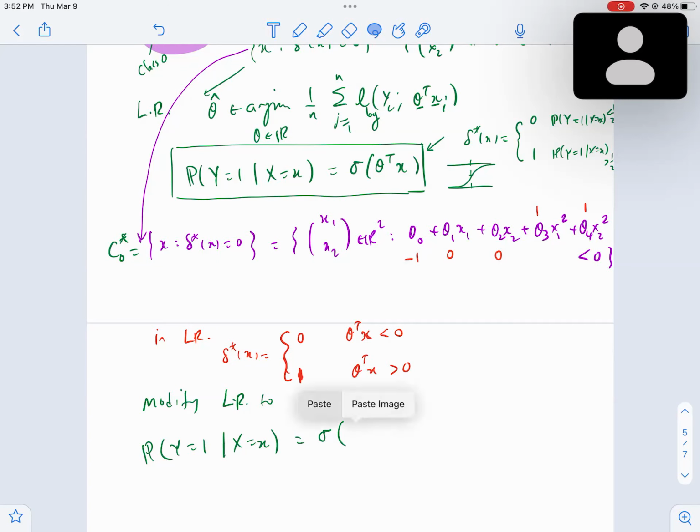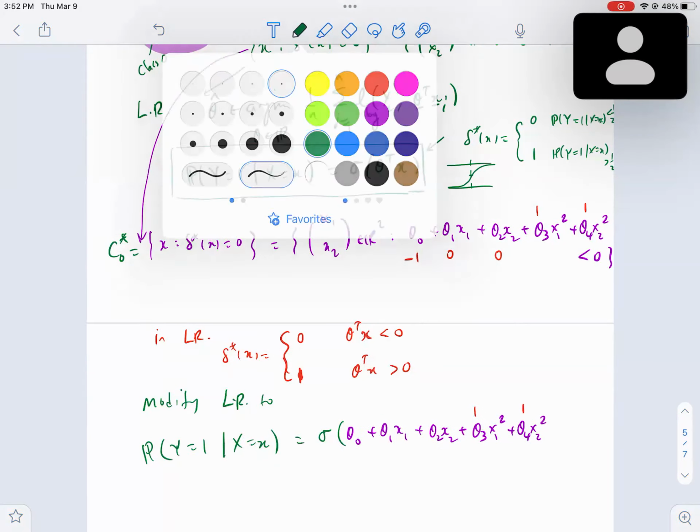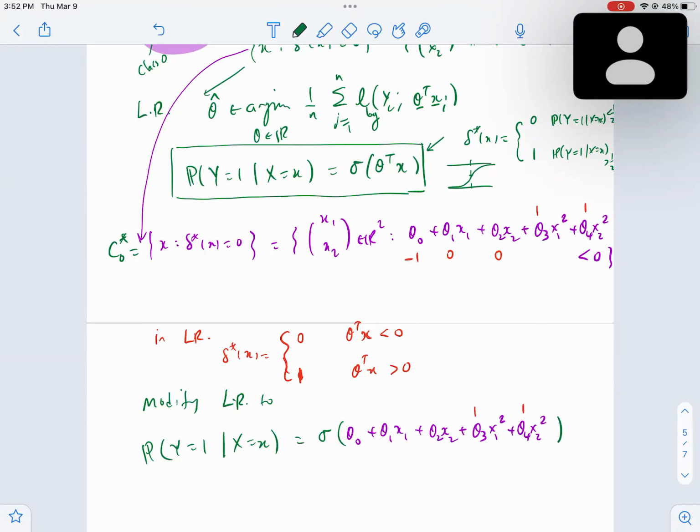I'm just going to copy paste it here. Is this going to work? If I define my model to be like this, would class 0 be what I want?